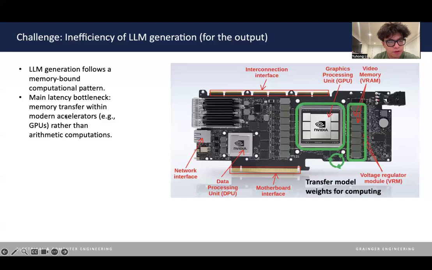Which means, for example, if we do a matrix multiplication, A multiplied with B and you get C, the computation can be very fast because your computer is very good, with very high FLOPs. But you have a very large matrix and you need to transfer it from the HBM to the chip.